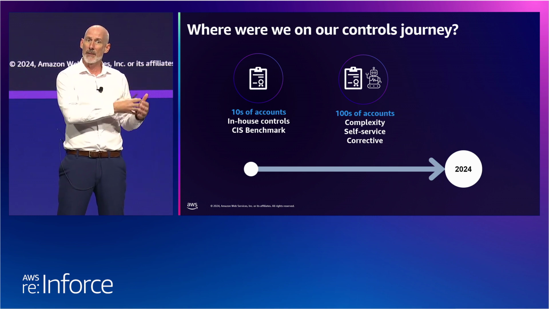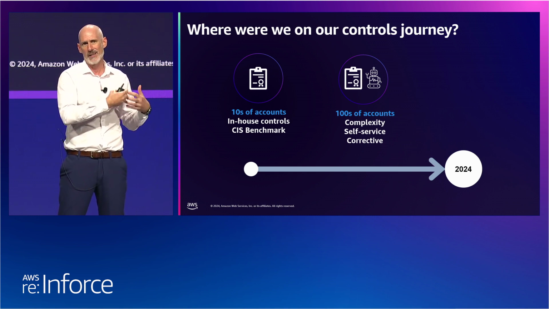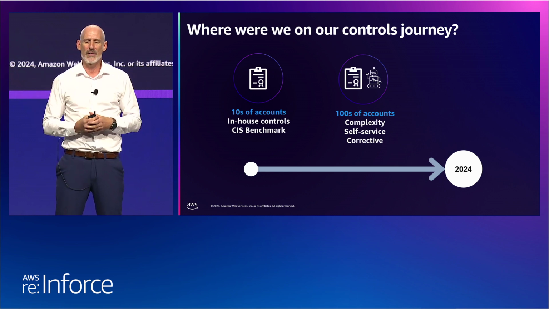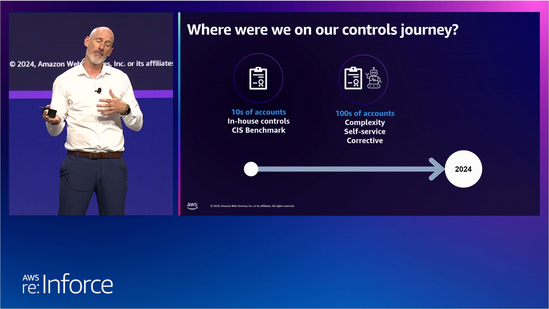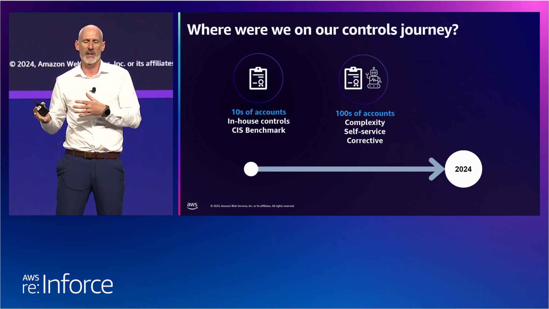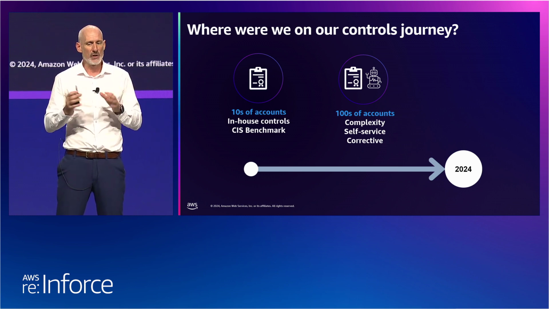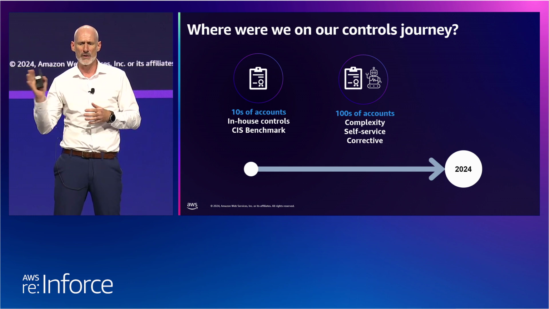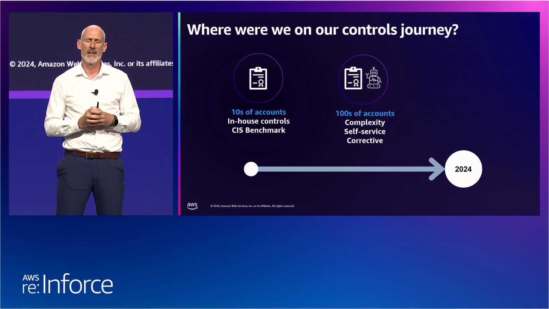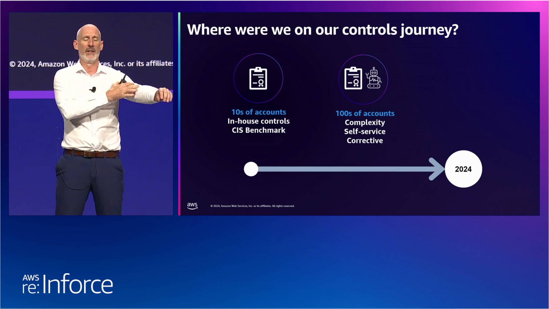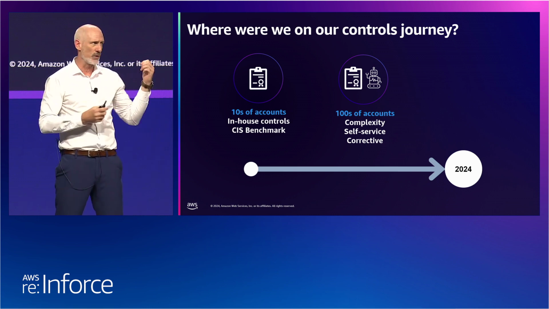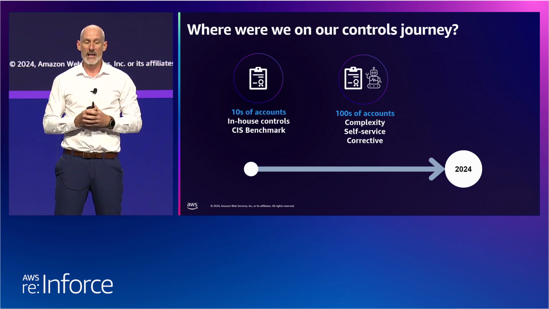And that allowed the application teams to integrate the control upgrades, the new controls, into their own route to live. Now this took us from a handful of accounts into hundreds of accounts. And using infrastructure as code allows us to deploy the controls in a consistent manner across the accounts. And we also started to look at building more and more corrective controls in the automation that Gal was talking about.